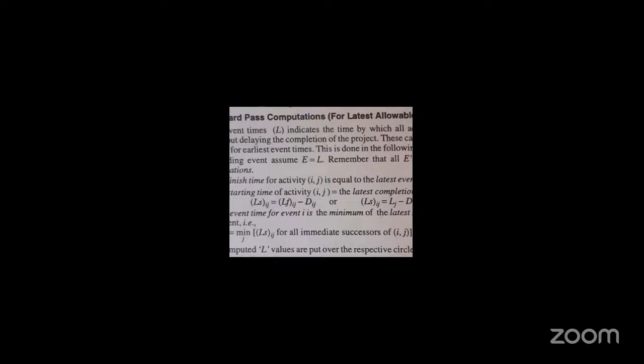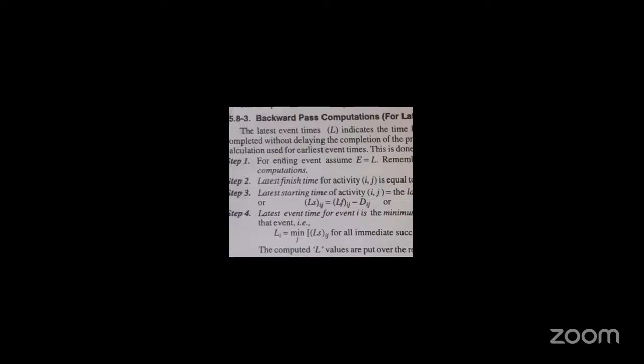One direction is D to B and B to A, and another direction is D to C, C to A. In these two reverse directions, see which is the minimum latest starting time. We have to take the latest starting time as the best time for reverse order whenever a junction occurs.